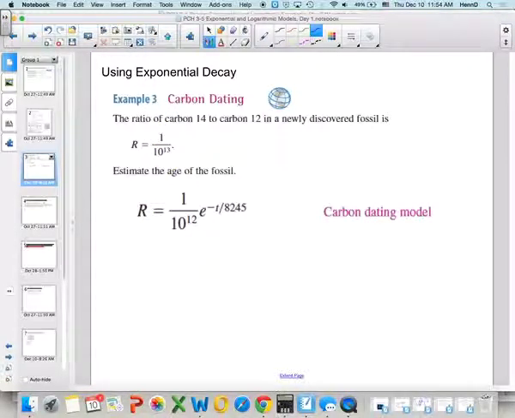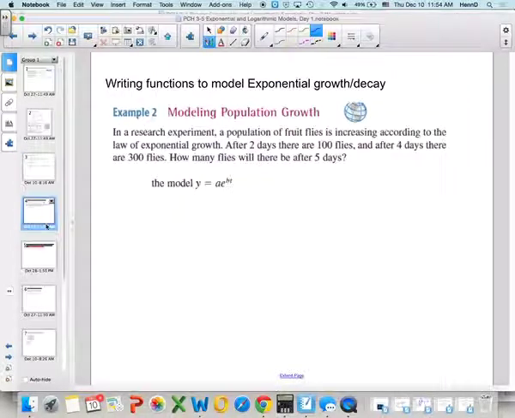What I really want you guys to do, because this is all stuff that you know how to do already, it's just plugging it in and solving an equation. What we haven't done yet, though, is this. Okay? Here we have a research experiment, and the population of fruit flies is increasing according to the law of exponential growth. Okay?